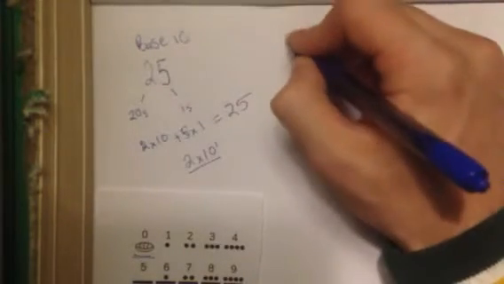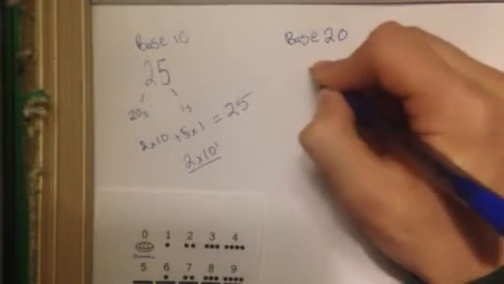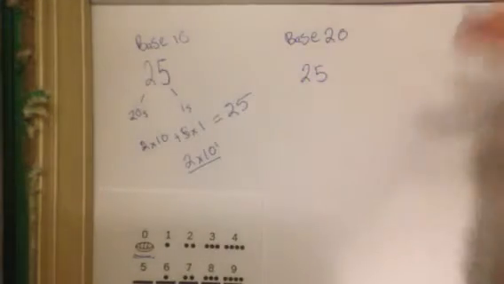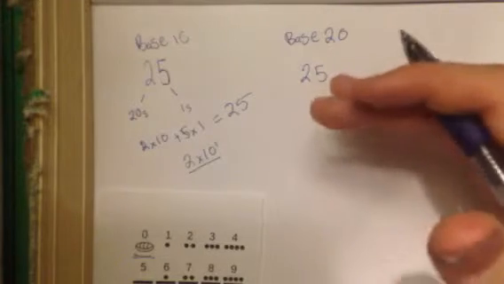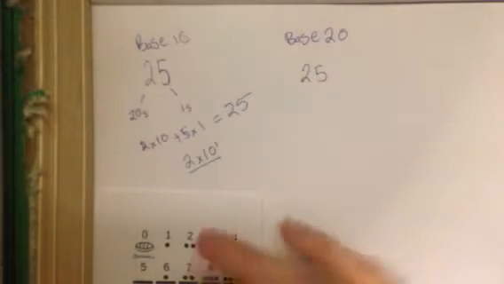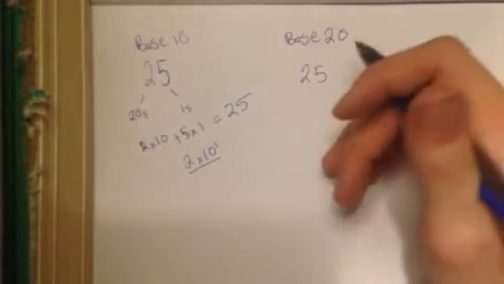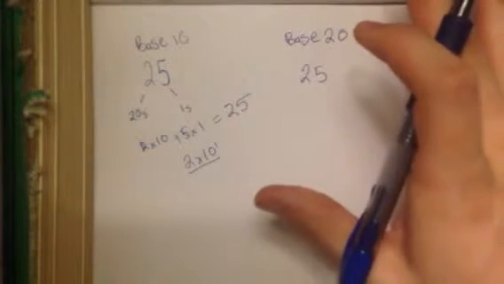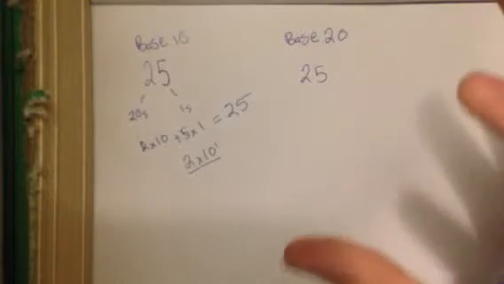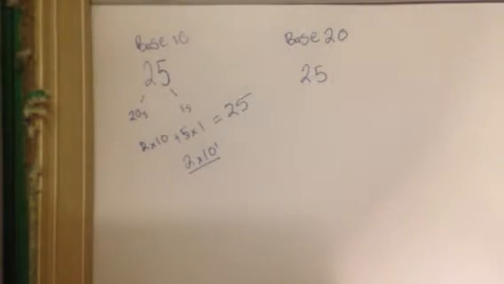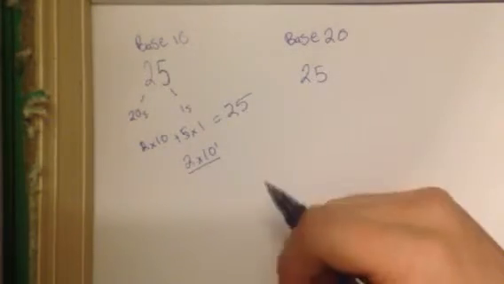In base 20, same number. We're going to use Hindu-Arabic symbols to explain it, but we're talking about how the Mayans used their base 20.